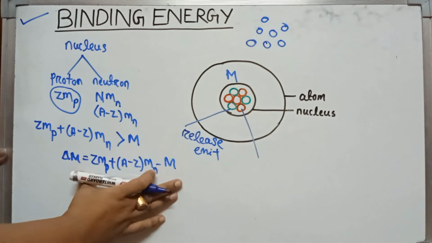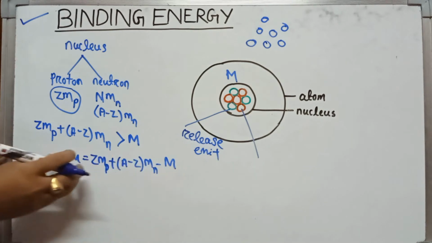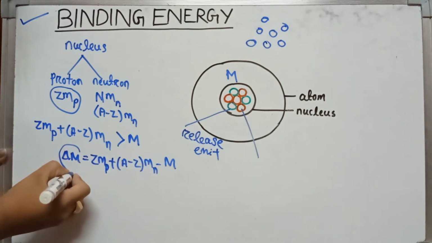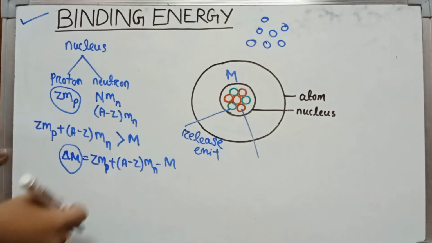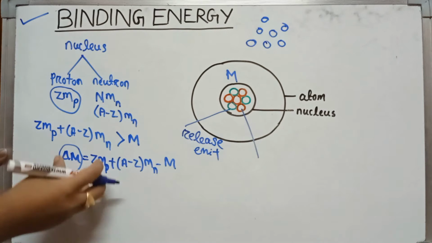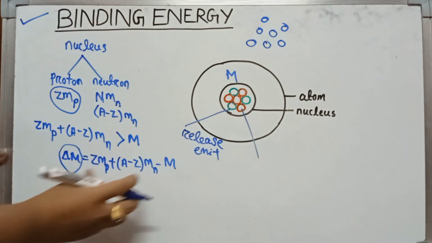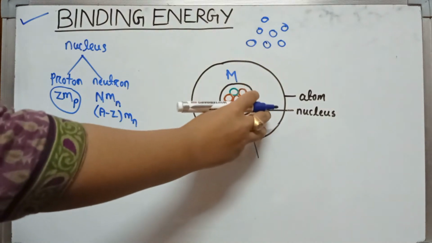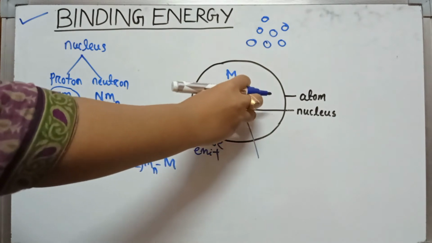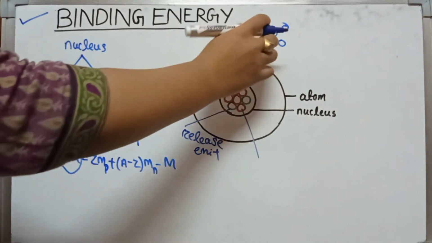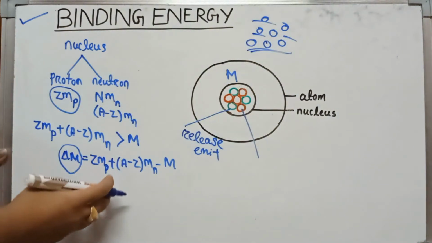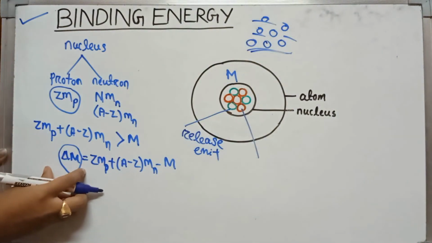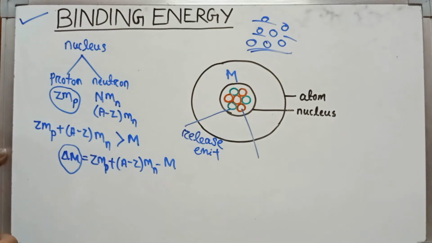That is known as mass defect, and this small amount of mass is converted into energy, and that amount of energy, when we provide it to a nucleus, the nucleus splits into a number of nucleons. Okay, then how do we know that this amount of mass is converted into energy?